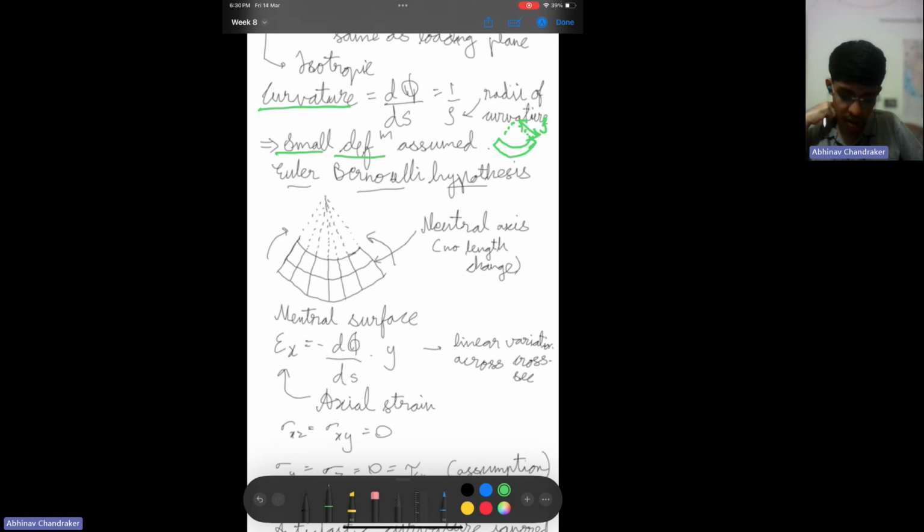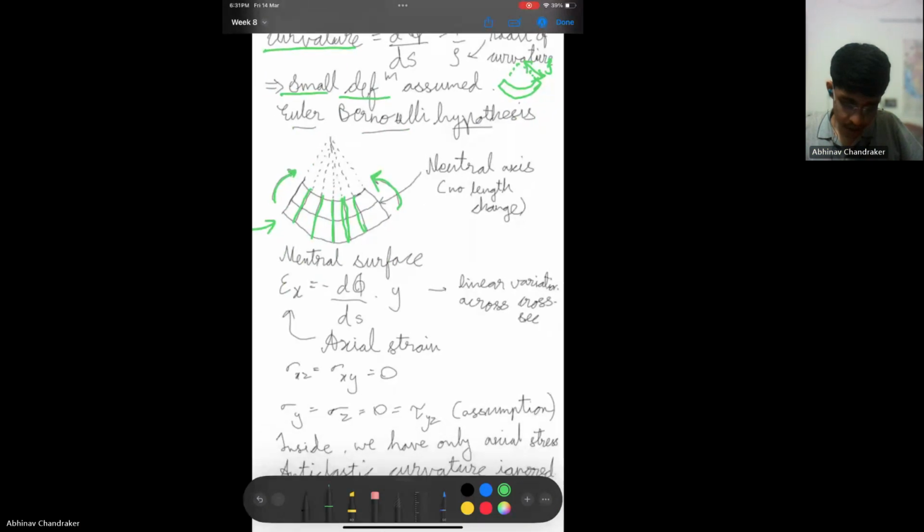The hypothesis, and this is important to understand, is that if you have a member and it is bent, as shown here, by applying some moment, then the planes on the cross section, which were present in the initial undeformed sample, will still remain planar after being bent. They will not curve. So that is the hypothesis that Euler and Bernoulli gave.